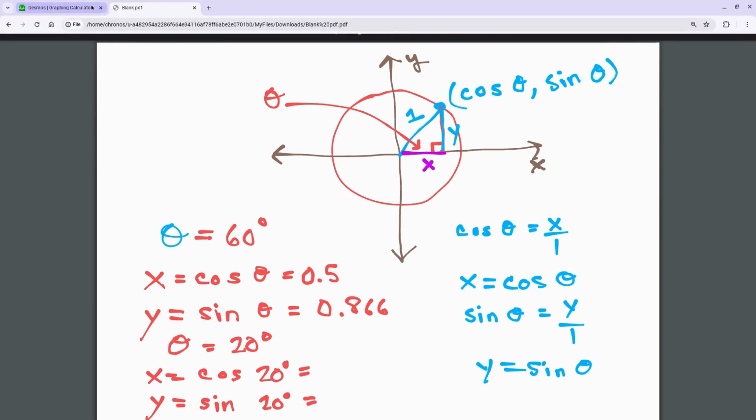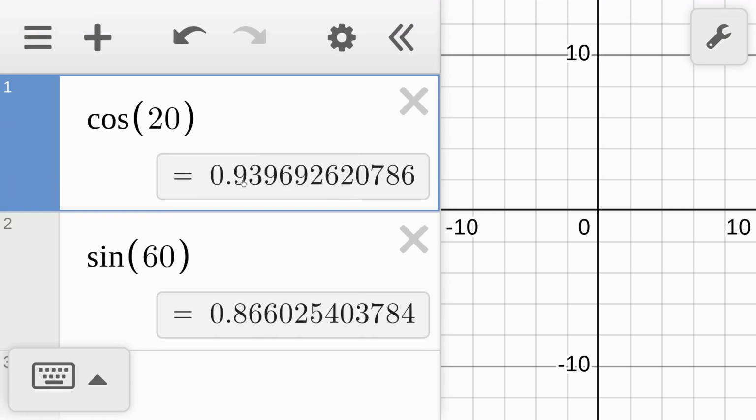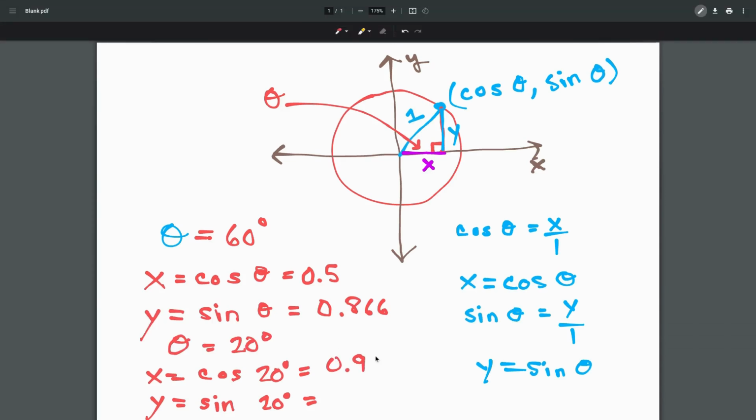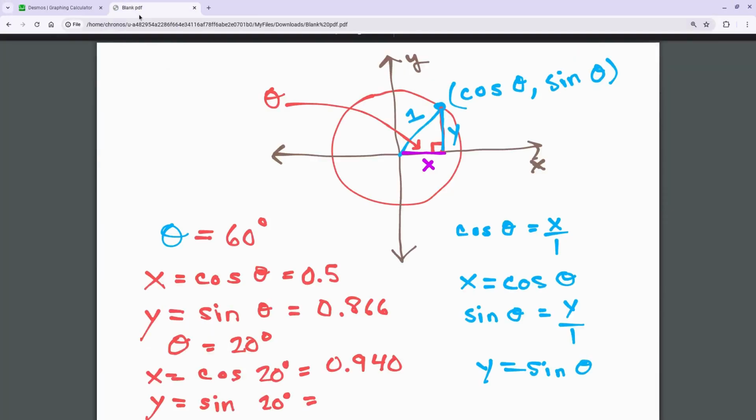Okay, so if we do that, change this to 20, round it to the thousandths place, we get 0.940 if we round it.